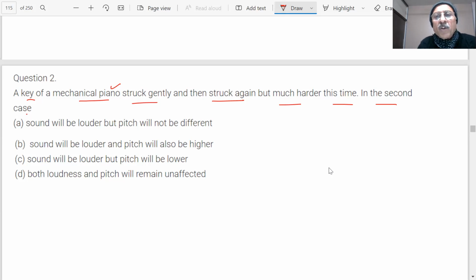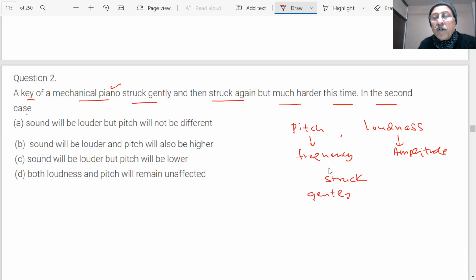So the question is on two things. One is the pitch. Other is the loudness. Pitch depends on what factor, student? Frequency. Pitch depends on the frequency and loudness depends on amplitude. Now in this case, what is happening? If a piano is struck gently and then struck harder, what changes?